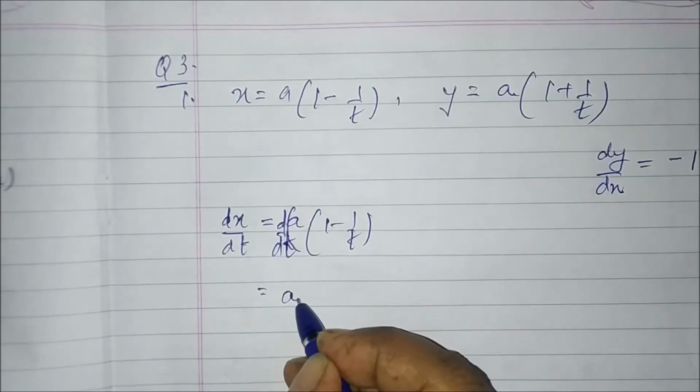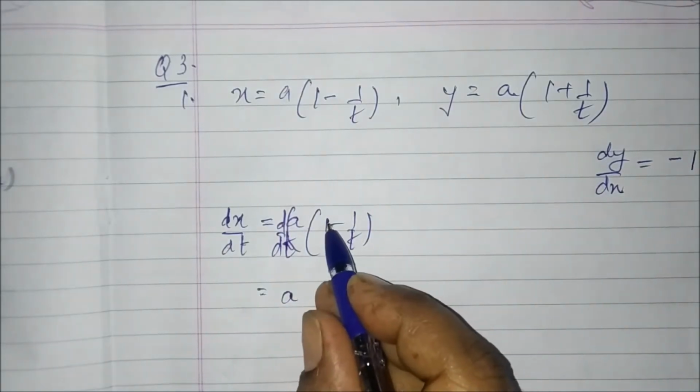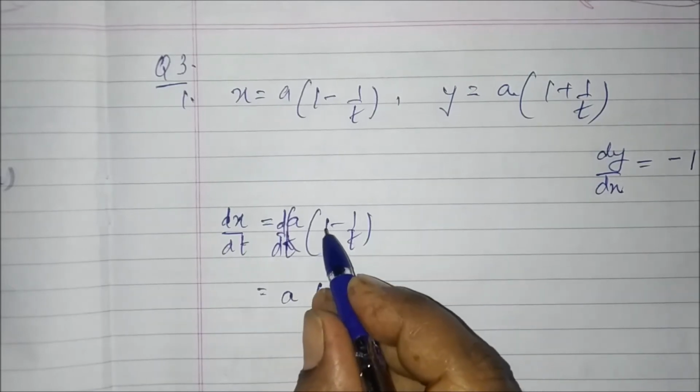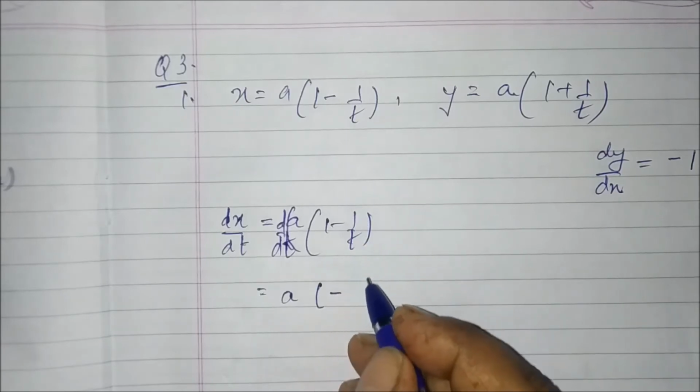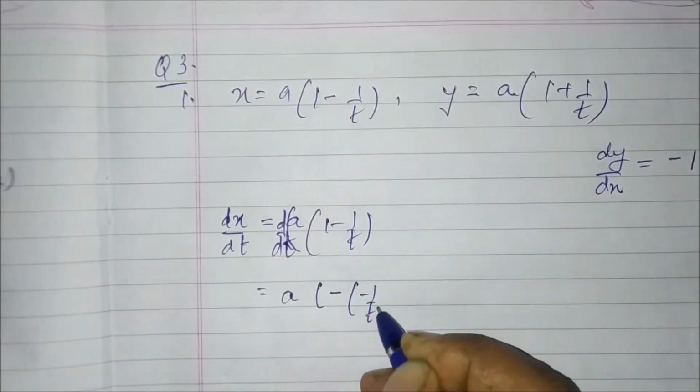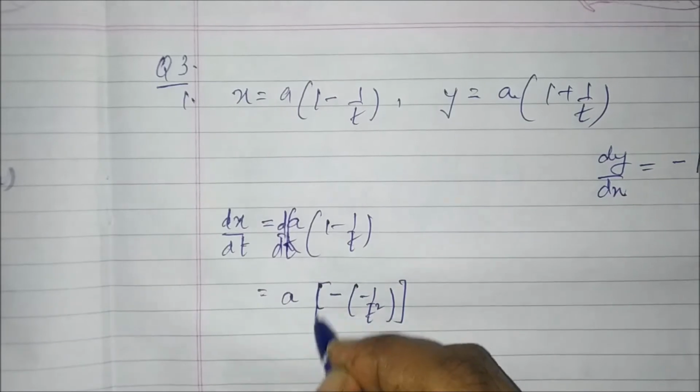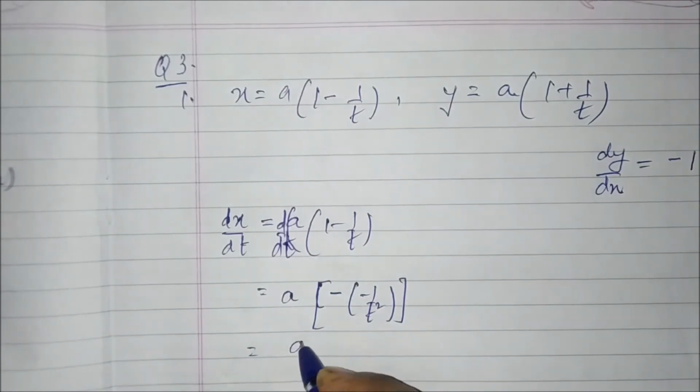So a is taken outside, d by dt of 1 minus 1 by t. Derivative of 1 is 0, so minus, derivative of 1 by t is minus 1 by t square. So it will become a upon t square.